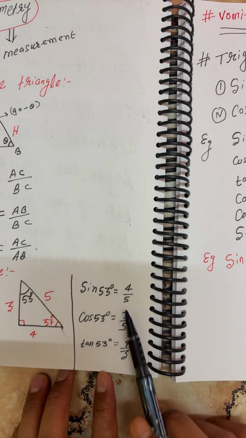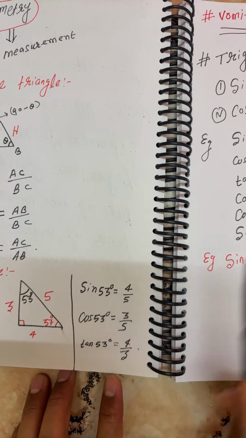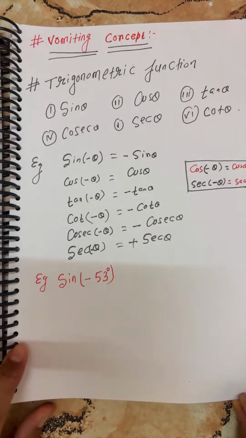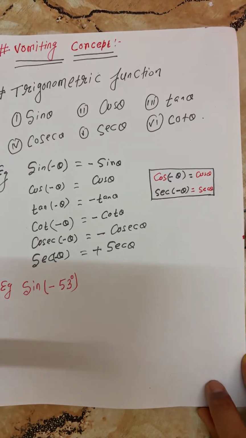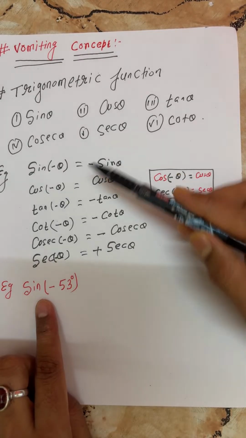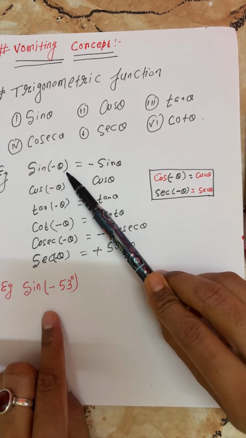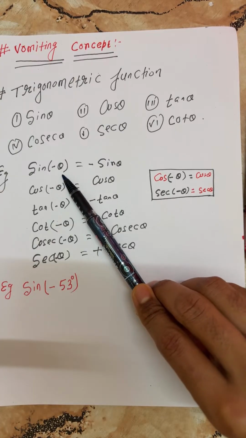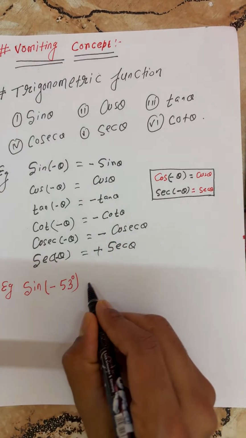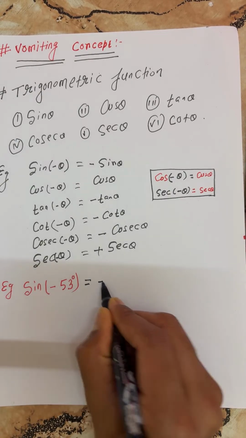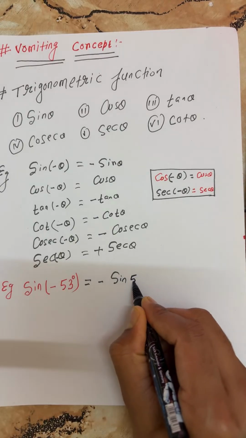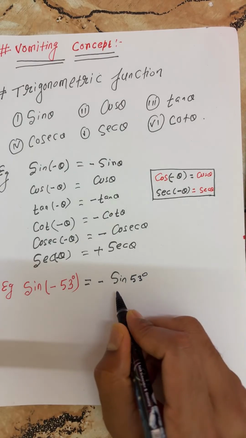Right now, you can use this result directly and apply the concept. So this is, kids, sine of minus 53. What is sine of minus 53? Sine of minus theta is minus sine theta. So first you can write minus of sine 53.